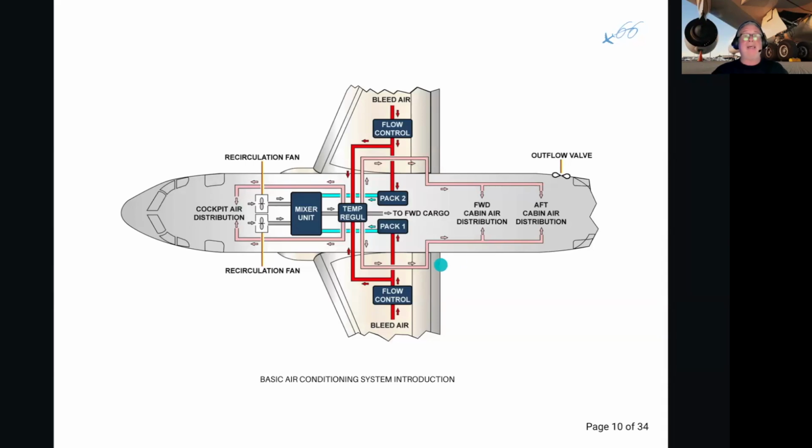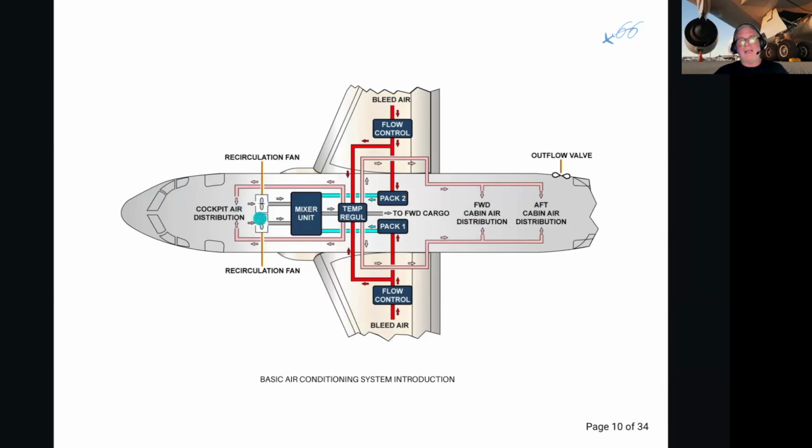And this is what the pilot selects. Albeit the pilot selects it not only for the cockpit, but for the whole cabin as well. There are different selectors in the cockpit for the cockpit itself and for the rest of the cabin, called zones. We're going to see that in a minute.